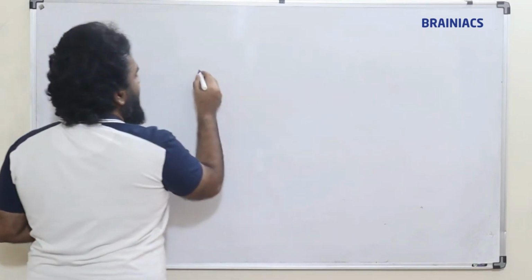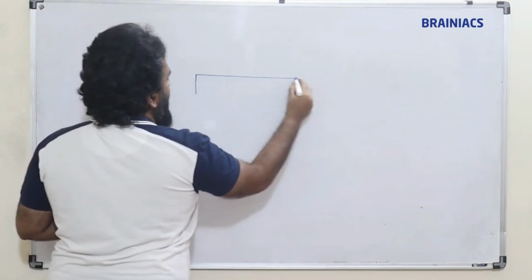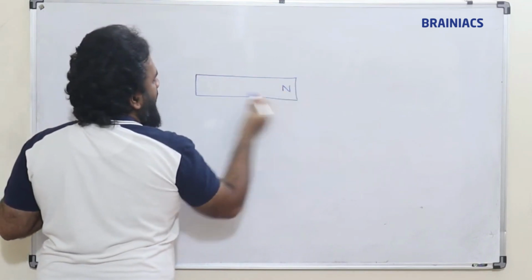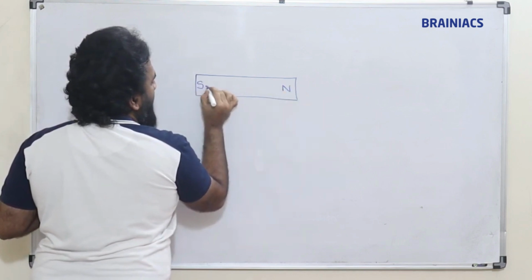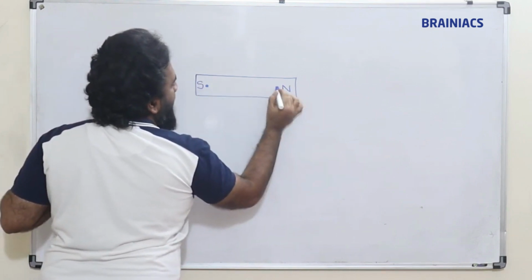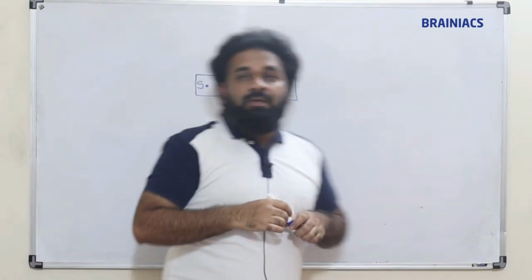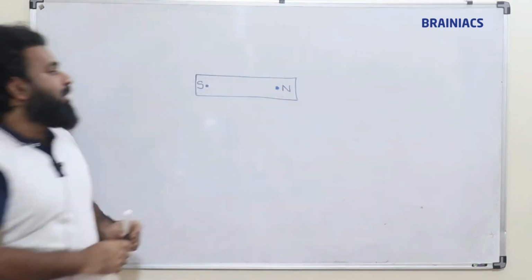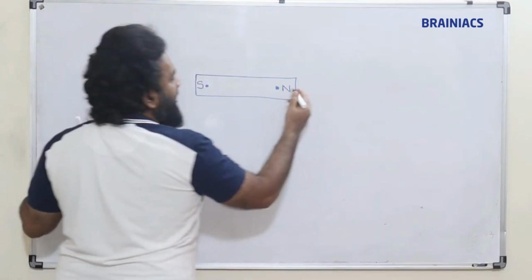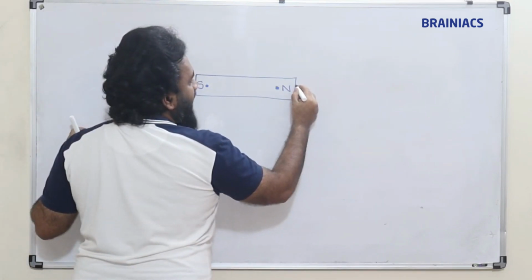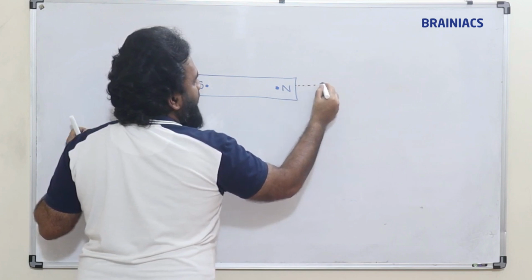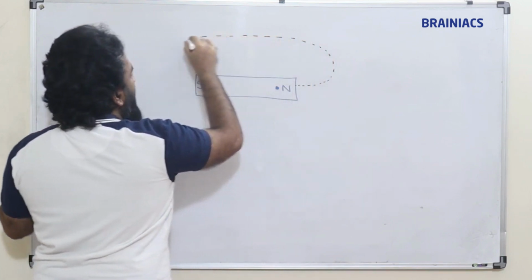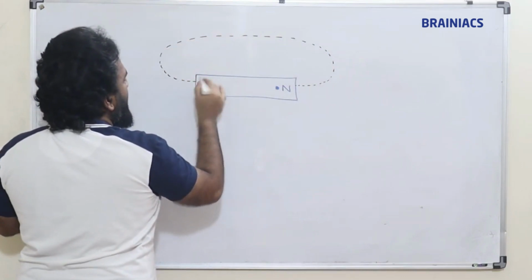Suppose if we consider a bar magnet, this is north and this is south. Now, if it is a magnet, there will be magnetic field lines. So from where will these magnetic field lines emerge? Magnetic field lines will emerge from north and they will join at the south.